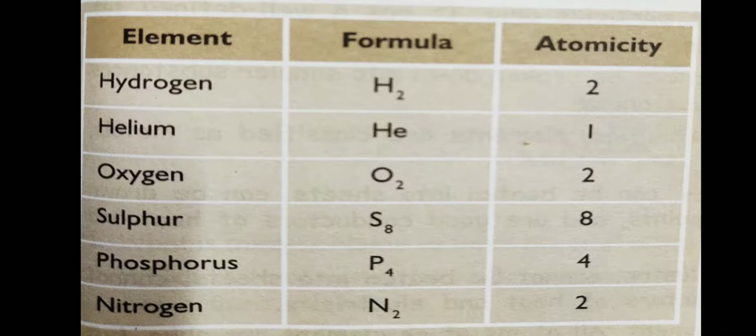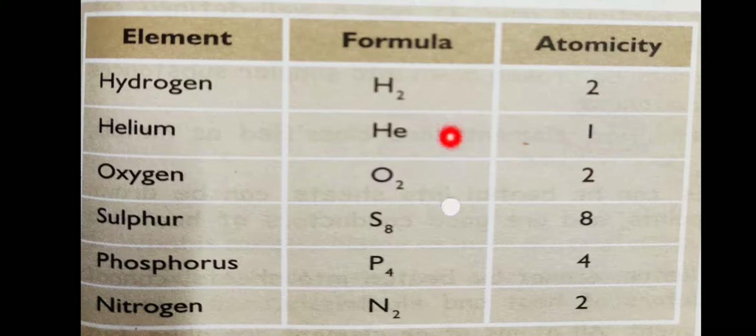We can see here from the table that a molecule of hydrogen is formed by joining two hydrogen atoms chemically. Similarly, a molecule of oxygen is formed by joining two atoms of oxygen. Nitrogen molecule is made by joining two atoms of nitrogen.